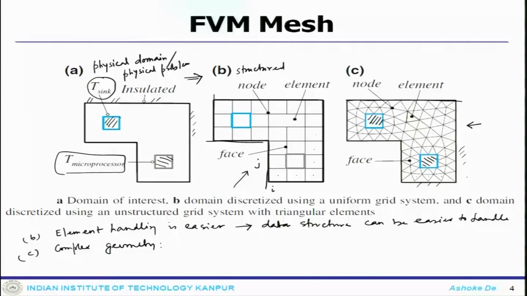People do prefer unstructured gridding, or some sort of grid transformation. All these are different ways one can handle a complex geometry.